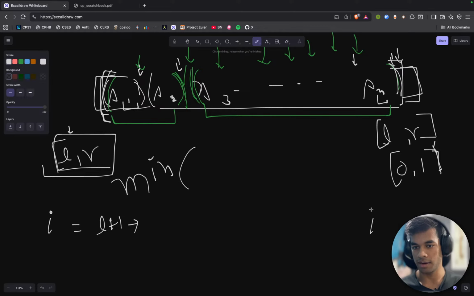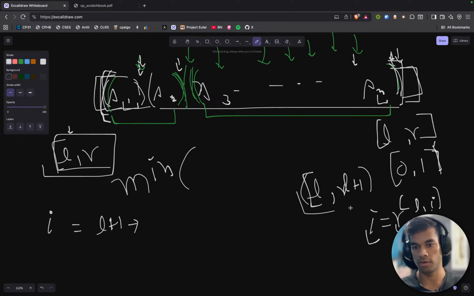So we can say when our I iterator equals some number, let's say R, which is in this case the right limit, this starts inclusively from the left part, but till I it is not inclusive. So for our first part, the left limit L is included, but the right limit, which is L plus 1, is not inclusive.